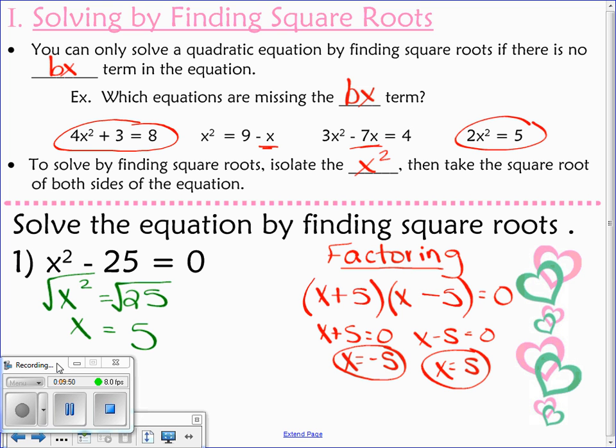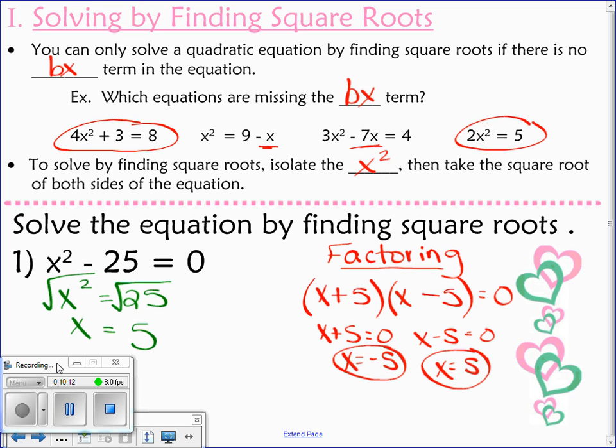Why did I get 5 and negative 5 on one and only 5 on the other? Should get the same answer. Why didn't I? What does it mean to take the square root of something? Or what's it mean to square something, right? Those are opposites. Multiply it by itself, right?